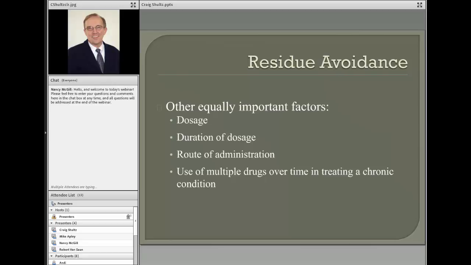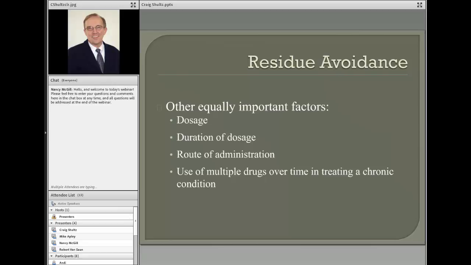Some other factors that make it difficult fall under the definition of the veterinarian client-patient relationship and how that is to function in using drugs on an extra label or prescription basis. We have to take into consideration the dosage and whether or not there has been overdosage accidentally in some cases, but if it occurs, that is extra label use, and we have to have the veterinarian client-patient relationship functioning to deal with the pre-slaughter withhold.